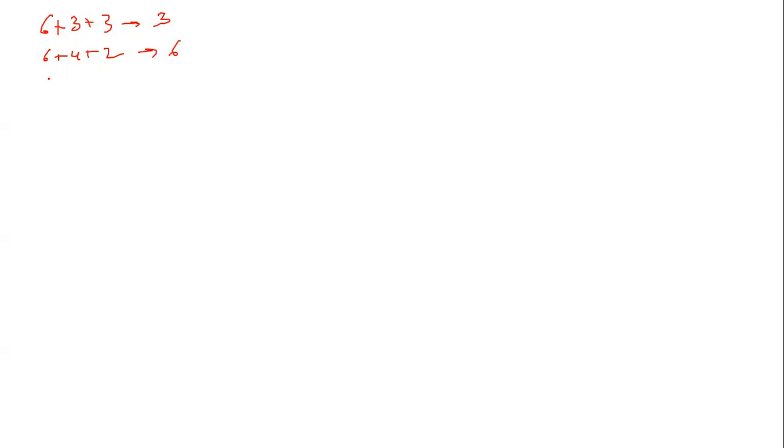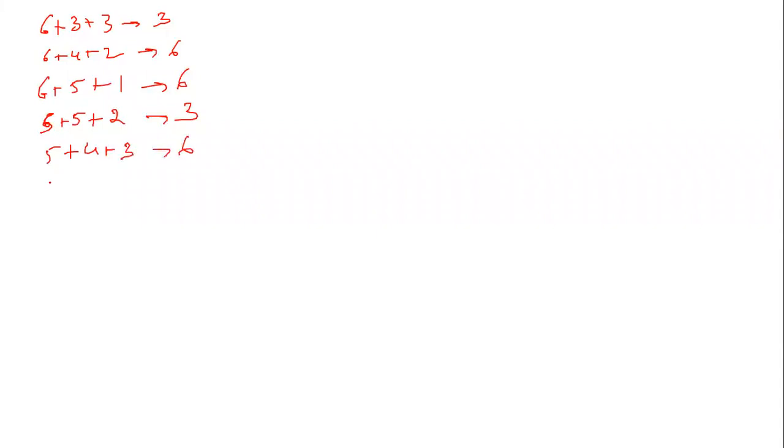Then 6 is done, 3 is done, 6 plus 5 plus 1. This can be done in 6 ways. Then do we have more 6s? 6 plus 5 plus 1, no. So this will now be 5 plus 5 plus 2. This can be done in 3 ways. Then 5 plus 6 is already done, 5 plus 4, 9 plus 3, it's going to be 6 ways.